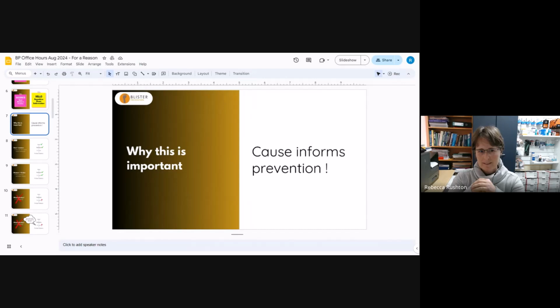So staying inside will stop you from getting sunburnt some of the time, if not most of the time, but it will mean that you are doing things that you don't need to do. You don't have to always stay inside. Not only can you go outside when the sun's gone down, but you can reduce your sun exposure while you are outside when the sun's up. That's just an example of why a proper understanding of cause is really required for effective prevention.